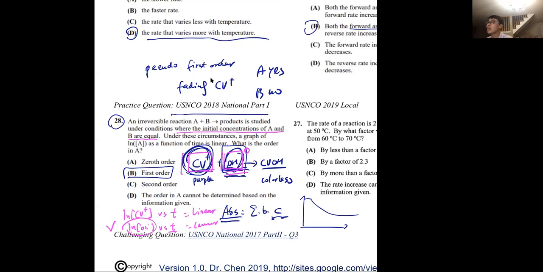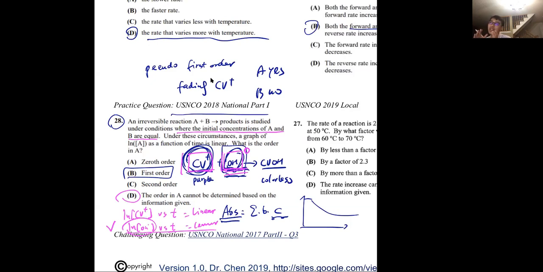So even if the order of hydroxide is not 1 but 0, you will also get this equation, because when 1 mole of CV plus is consumed, 1 mole of hydroxide is also consumed. Did I make it clear? So the answer is D: the order of A cannot be determined based on the information.